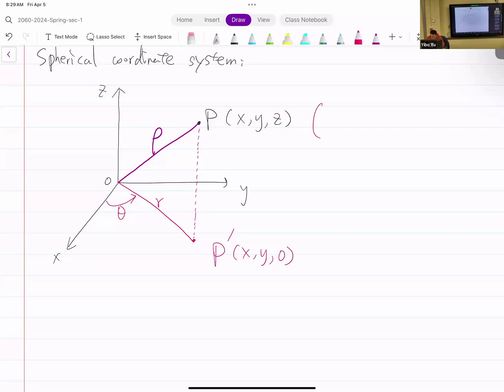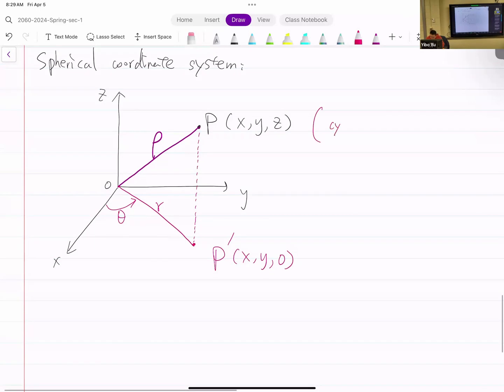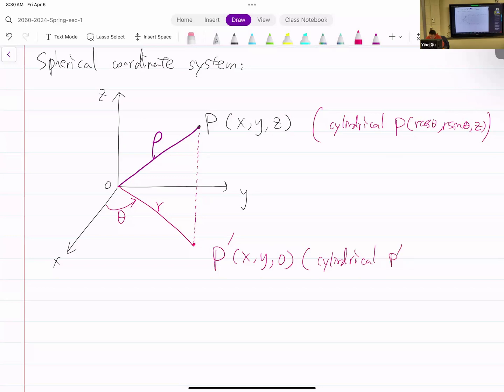If you do that, then cylindrical becomes r cosine theta, r sine theta, z, right? And the projection point is going to be P prime, which is r cosine theta, r sine theta, 0.